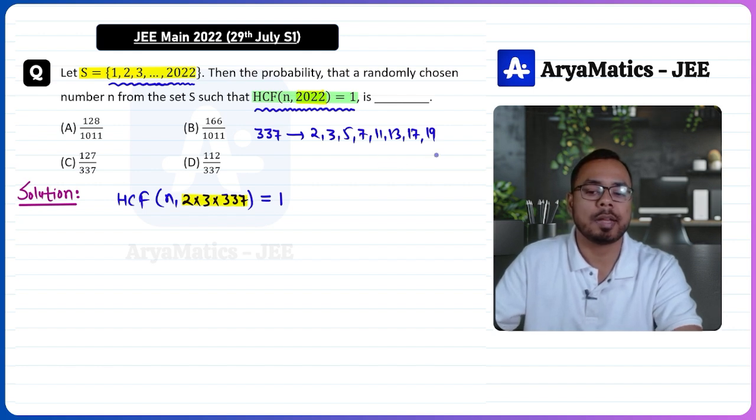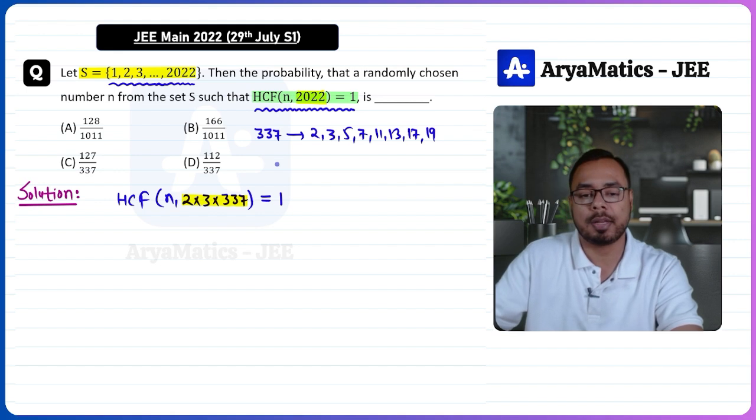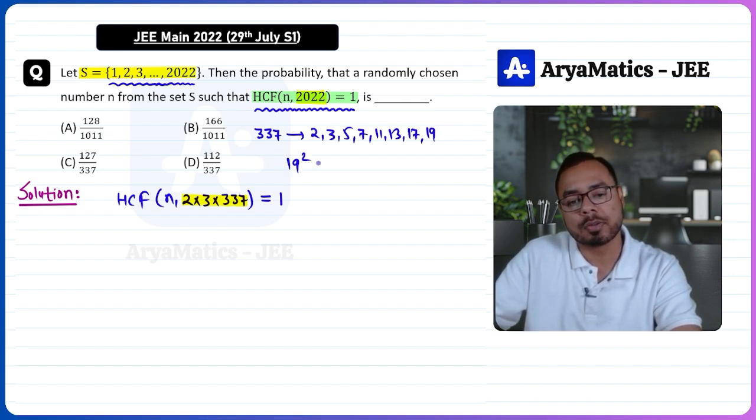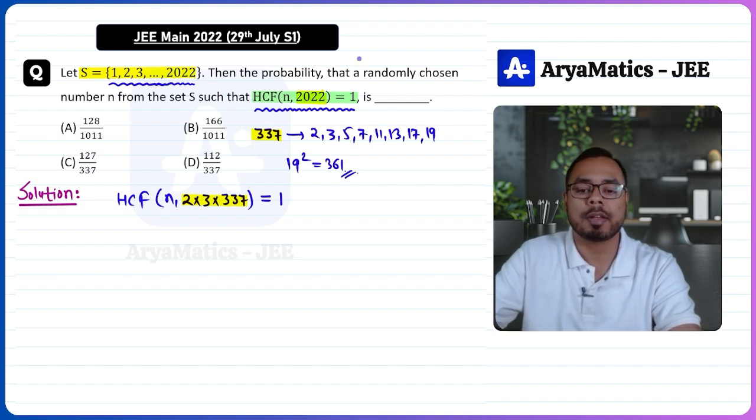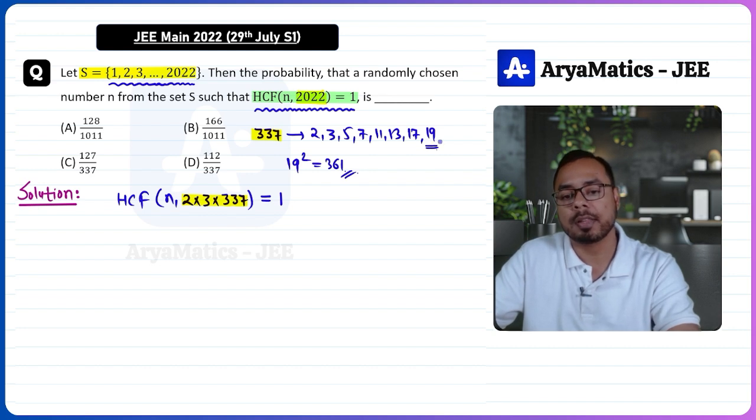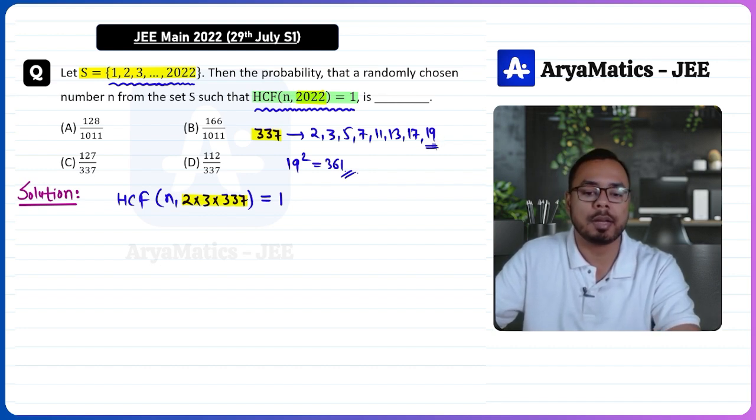If there are no factors up to 19, then you cannot have both factors bigger than 19. The logic is very simple, because 19 squared is 361. If I say one factor is 23, then the other factor has to be less than 19, then only the product will be 337.